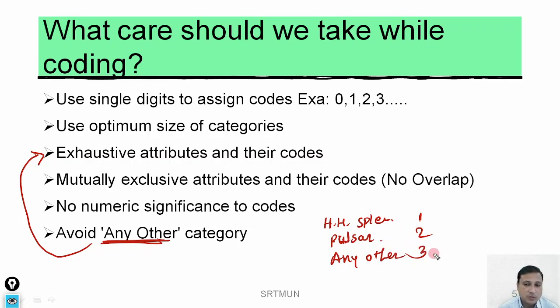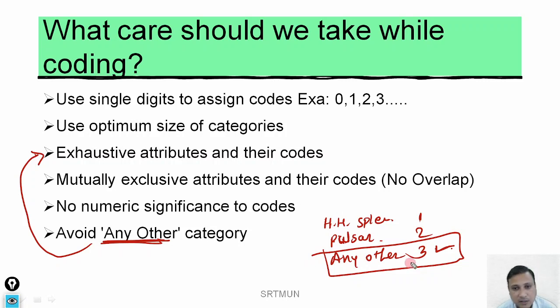If most of the respondents opt for this, then we are again confused. That means we are not getting a proper answer as to which bike our respondents are referring to, because there are other companies also, like CBZ, or Unicorn, or many other bikes.